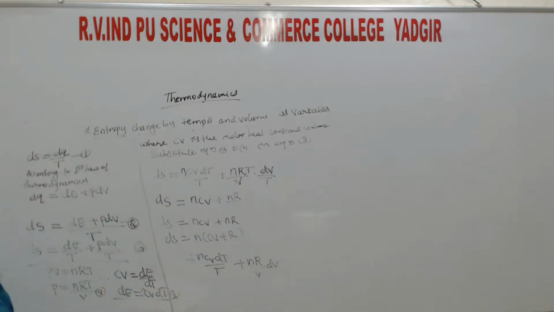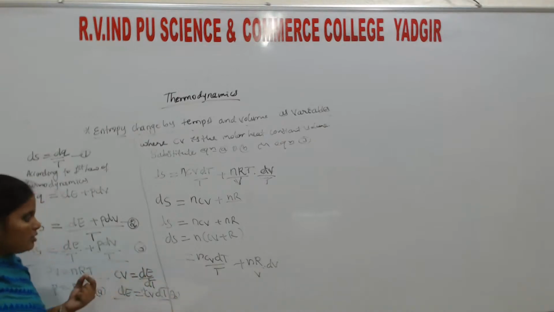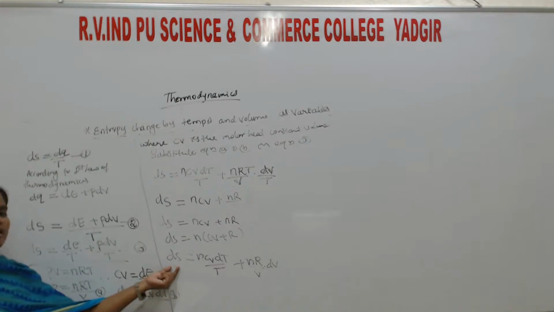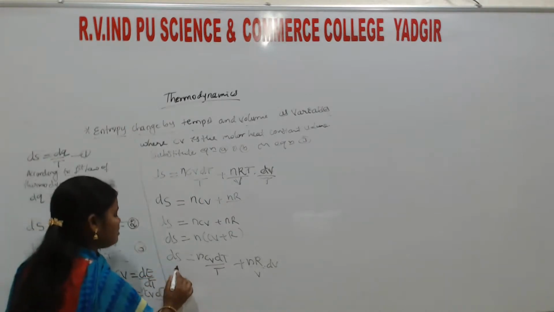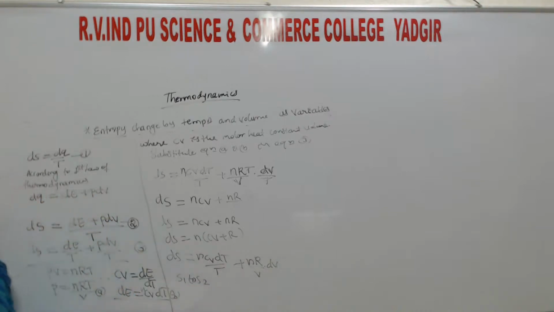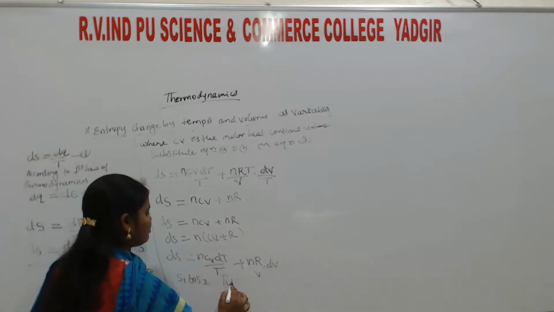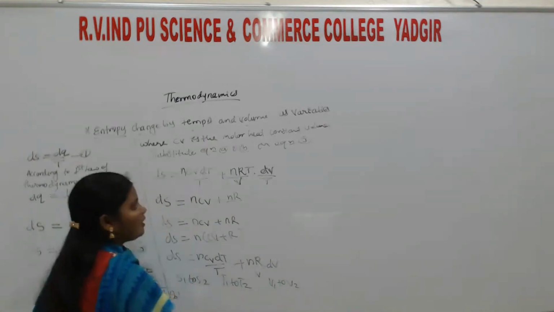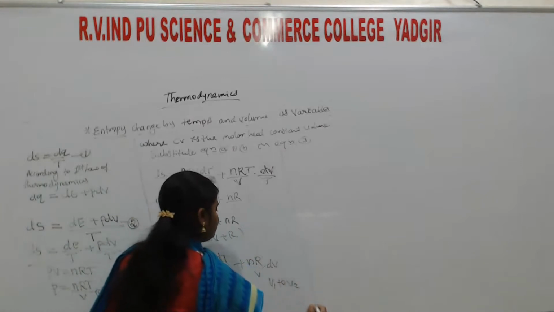Next we integrate this equation, dS = n CV dT divided by T plus nR dV divided by V, between limits: S1 to S2, T1 to T2, and V1 to V2.